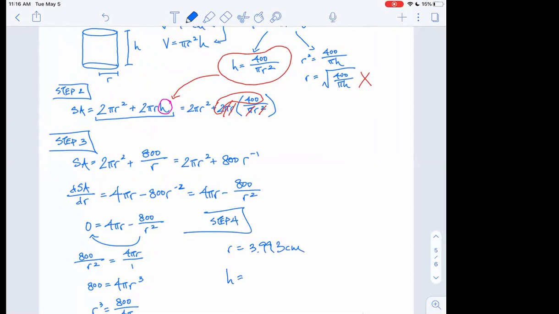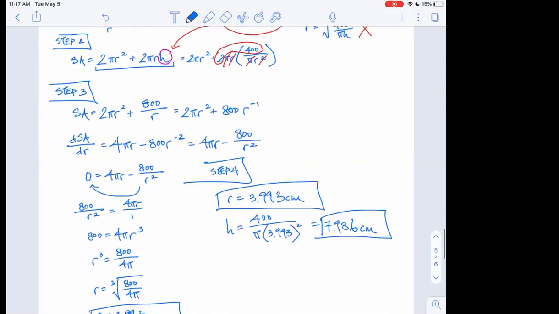Height, I'm going to plug it into the equation I circled in the red above, 400 over pi times 3.993 squared. And that's going to get me 7.986 centimeters. So radius and height.